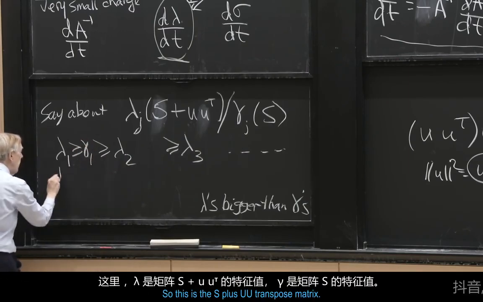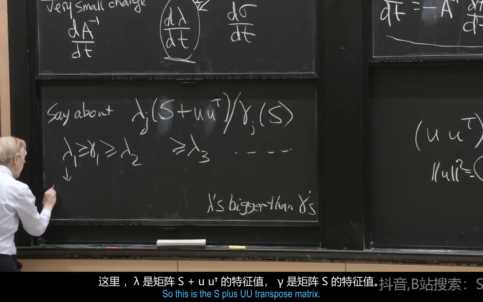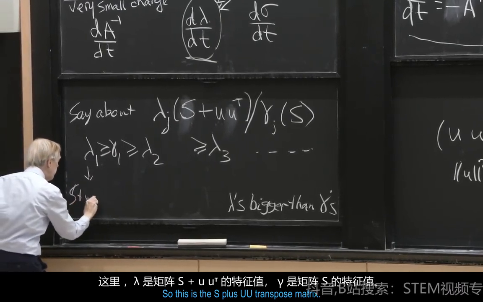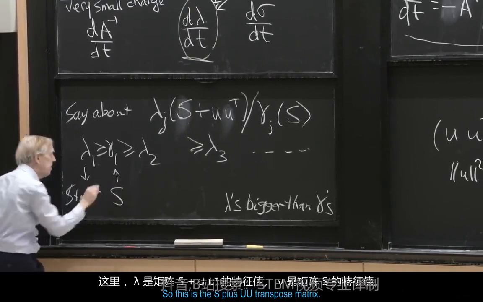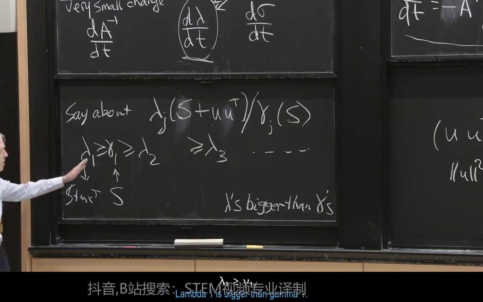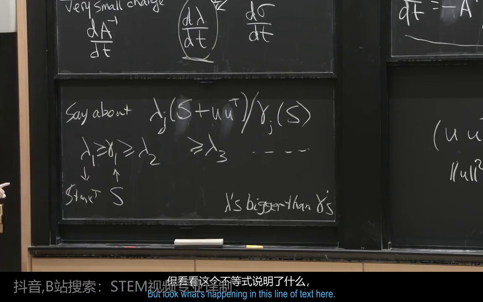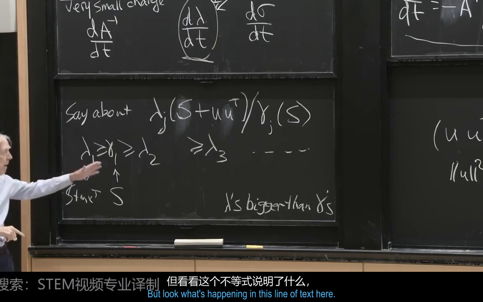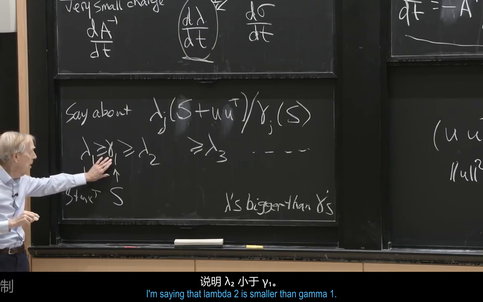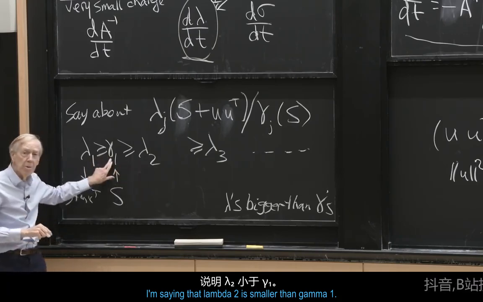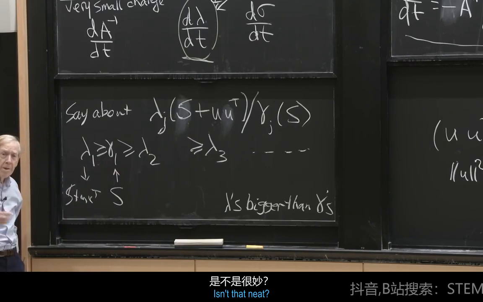So this is the S plus UU transpose matrix. And these are the eigenvalues of the S matrix. Lambda 1 is bigger than gamma 1, but look what's happening in this line of text here. I'm saying that lambda 2 is smaller than gamma 1. Isn't that neat?